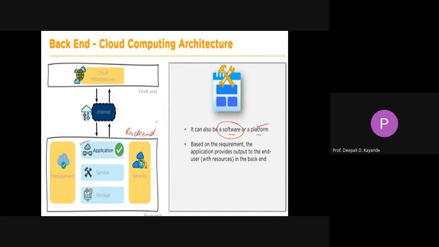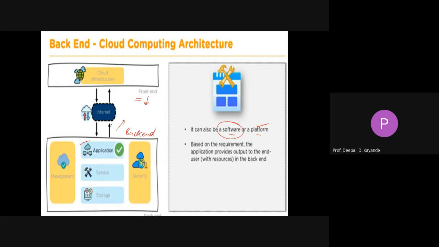So, depending on what the user has requested. Now suppose I log into a website and I want to see the contact us page. So the request sent by the user is to view the contact us page. Depending on what request is coming from the front end, the application will provide you the output. Suppose the user wants to register for some exam.